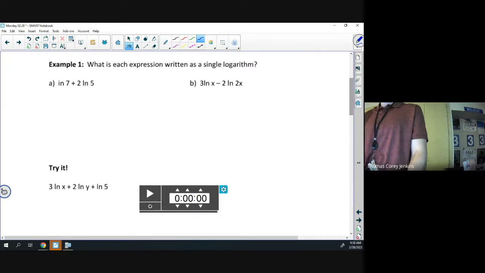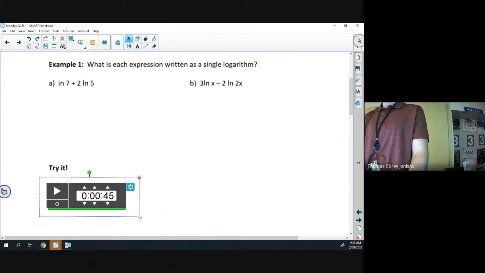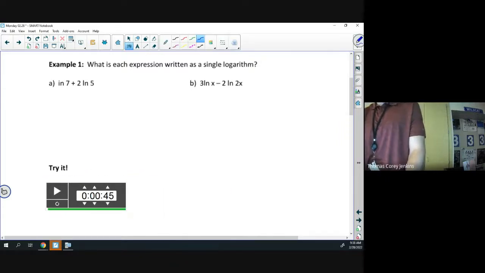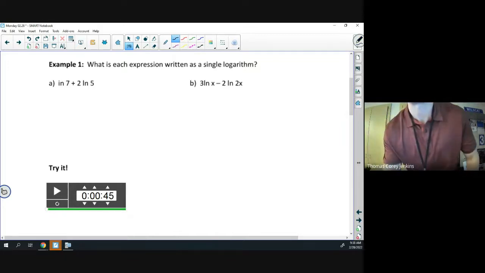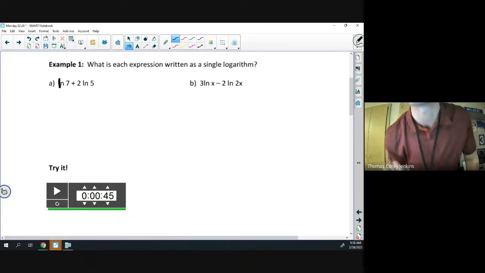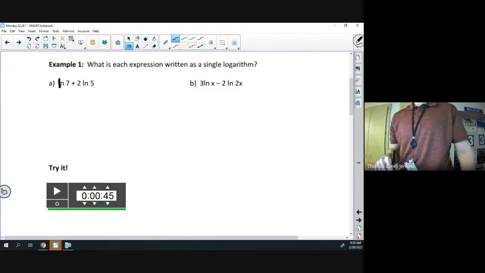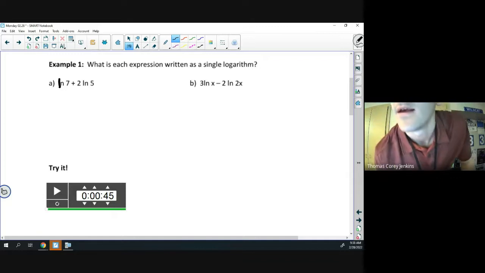So before we get into some solving, we are going to see how our properties of logarithms apply to natural logs as well, okay? So example 1a says "in" at first. That should be an L. That's just a typo. So change that to an L. And then example 1 wants us to write each expression as a single log.